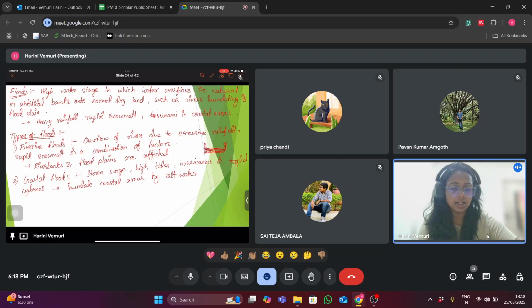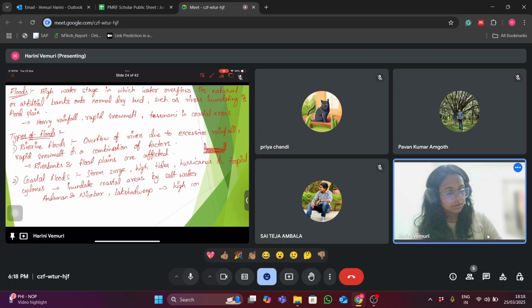These two, Andaman and Nicobar and Lakshadweep, come under the high coastal flood category.